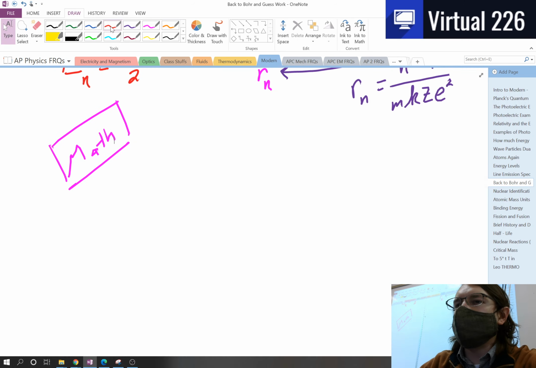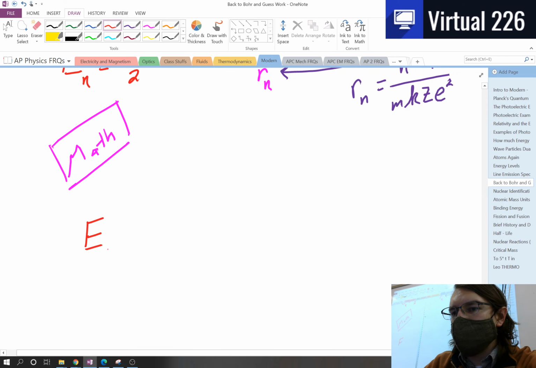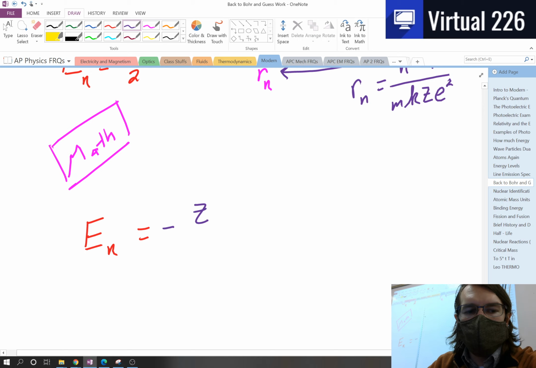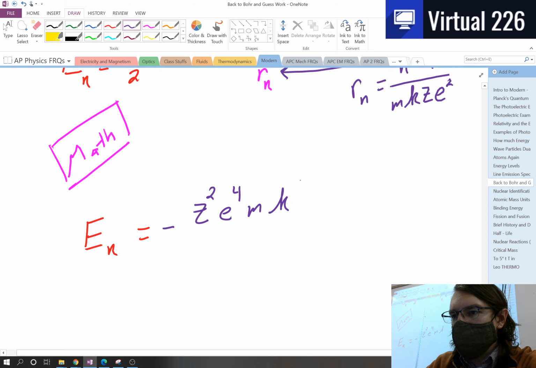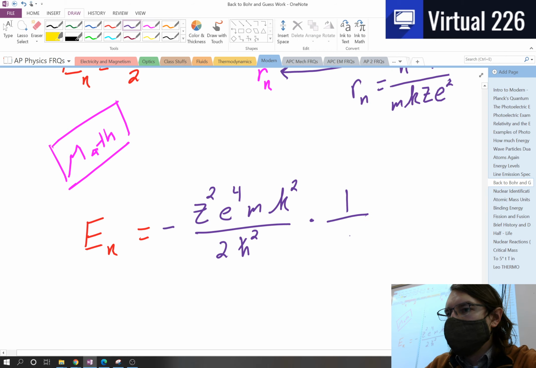In the end, what we are left with is the energy at some level equal to negative Z squared e to the 4th m k squared over 2 h bar squared, multiplied by 1 over n squared.